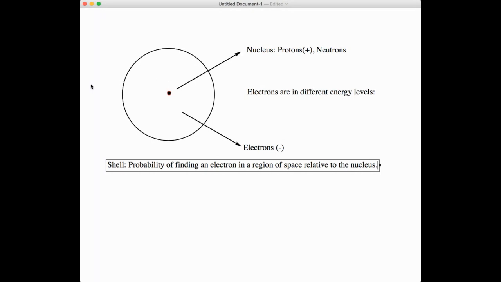I was trying to draw it for you guys, and color code this. So shells are basically around here, okay?